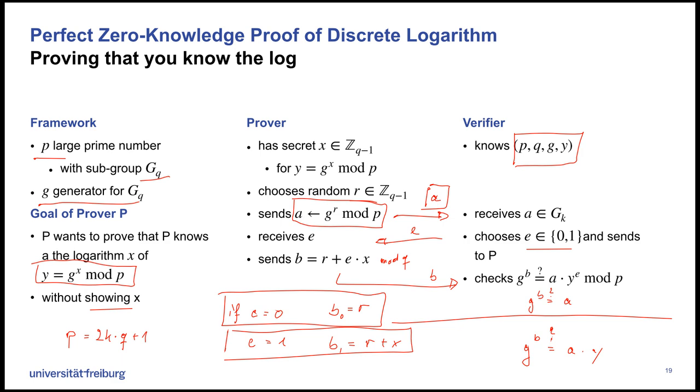So this is a commitment that you cannot change A afterwards because, oh, you're asking the wrong question. Just let me rephrase my first answer. That's forbidden. A is carved in stone. You do the commitment, and with A, either you have to show that you have the logarithm of A, or you have to show that you have the logarithm of A times y.